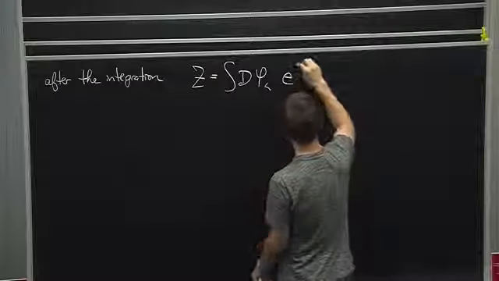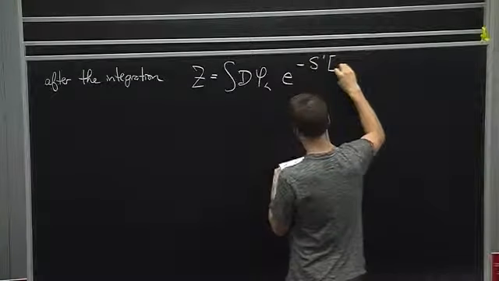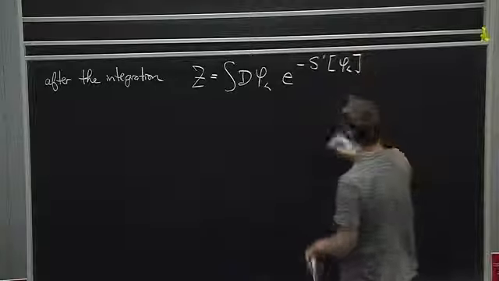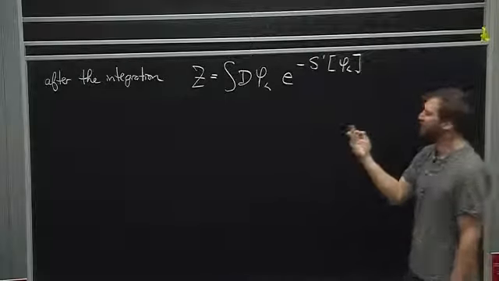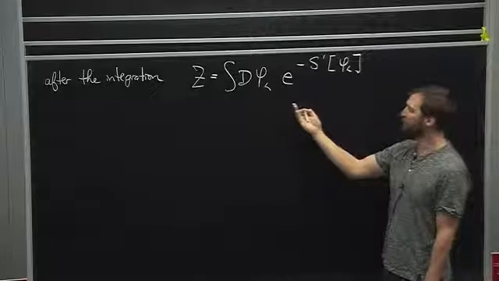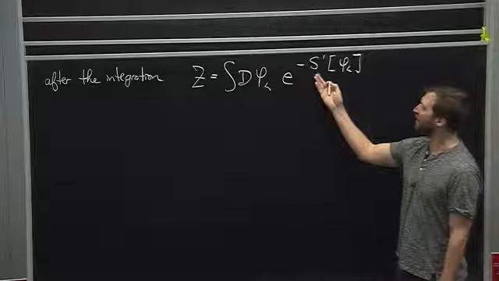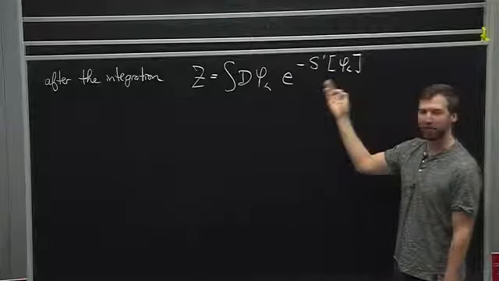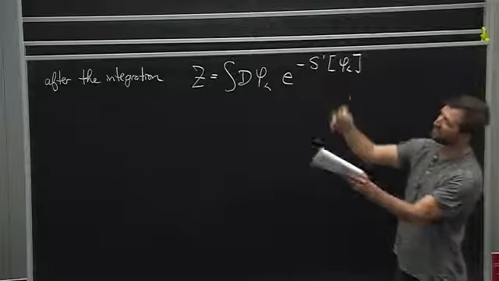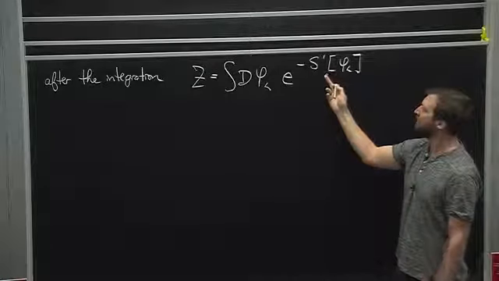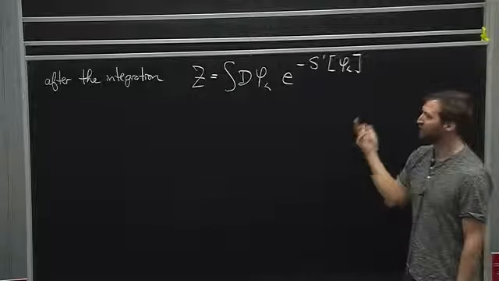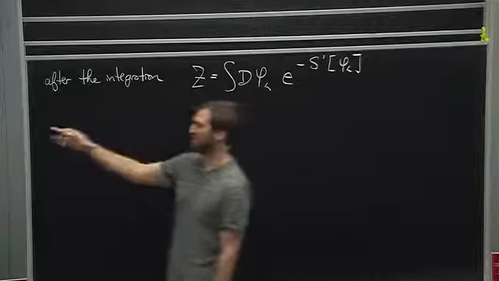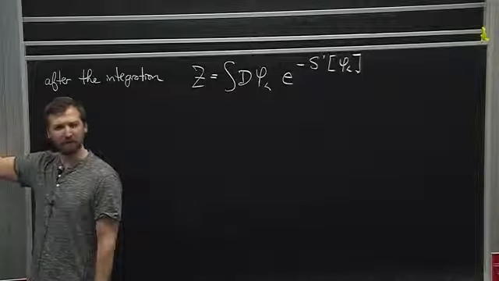And what I want this thing to look like is a partition function of the same form. You basically want it to be self-similar, so you force it to look like this, where now it only depends on slow fields, so the inner orange shell up there, but my S prime is something different. So I hope my S prime looks like this, or I have to force my S prime to look like this.